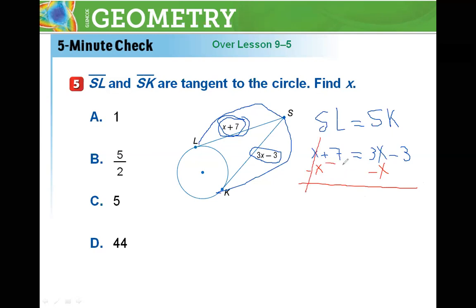The remainder here is 7. So I just write 7 equals, on the other side, 3x minus x. If you take 1x from 3x, the remainder is 2x. So you have here 2x minus 3.